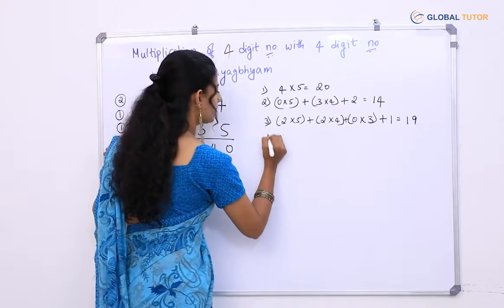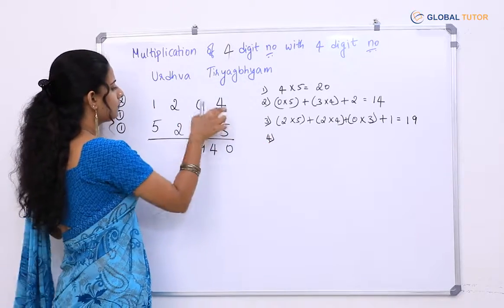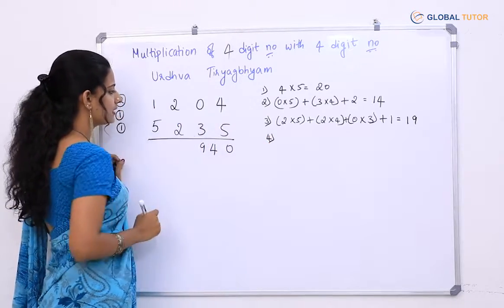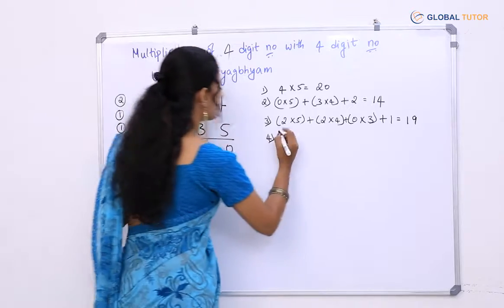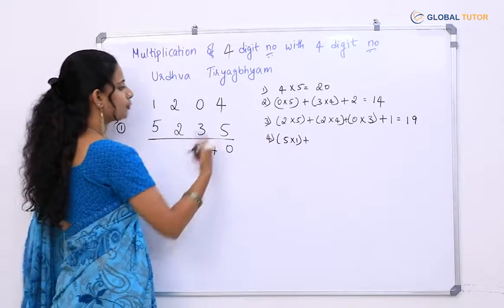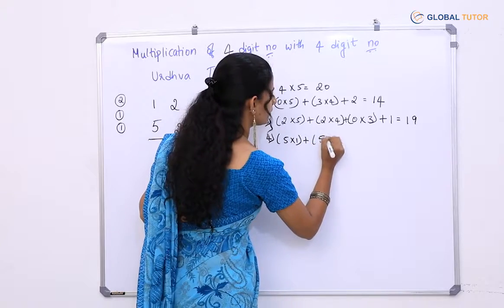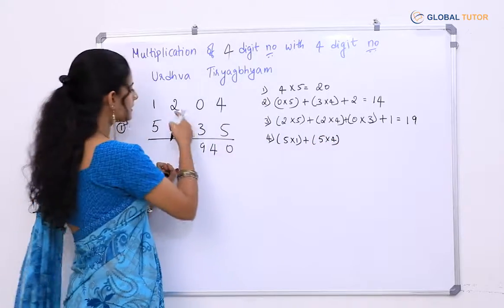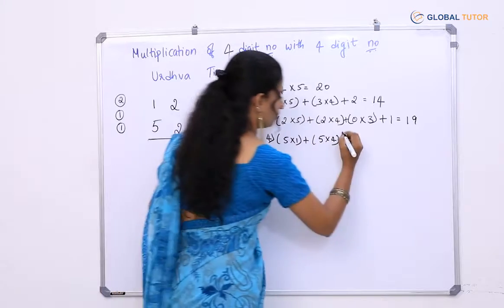The fourth step is you multiply the extreme corners and these two as well. So it is 5 into 1 plus 5 into 4 plus 2 into 3 and 2 into 0.